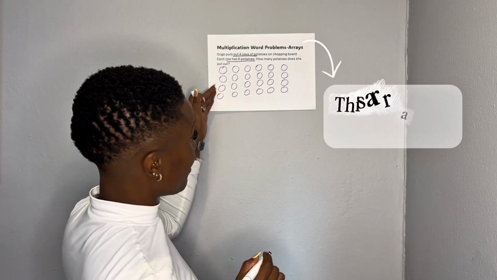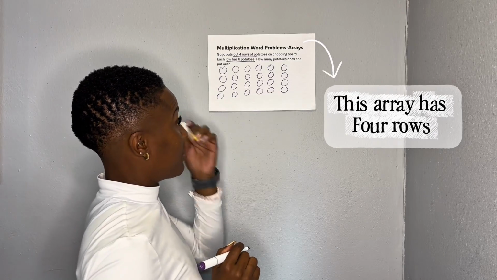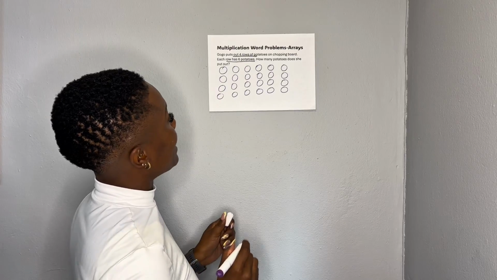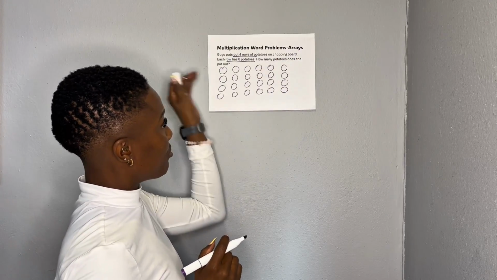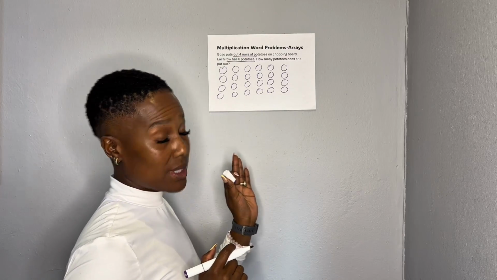So we have our 4 rows, and in each row there are 6 potatoes. In this case, in each row there's a group of 6 potatoes.